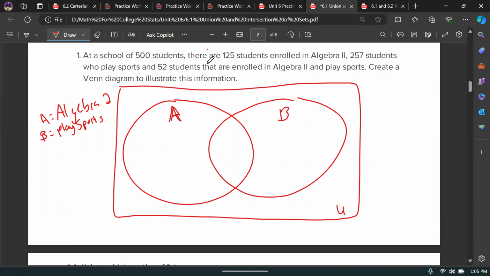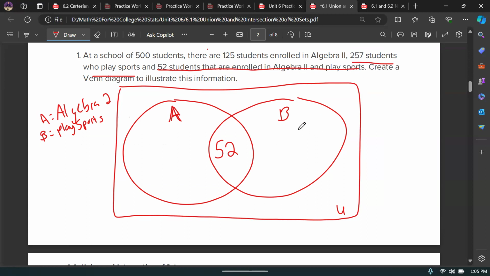All right, so let's start with the overlap. Now, overlap is people who are both in Algebra 2 and play sports, and we see that there are 52 students that are enrolled in Algebra 2 and play sports. So we're going to have 52 right here. Now let's work our way backwards. So 257 students who play sports.